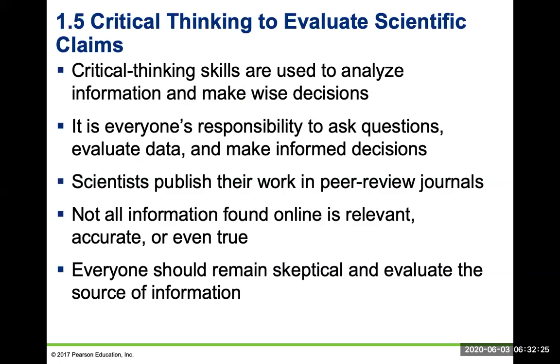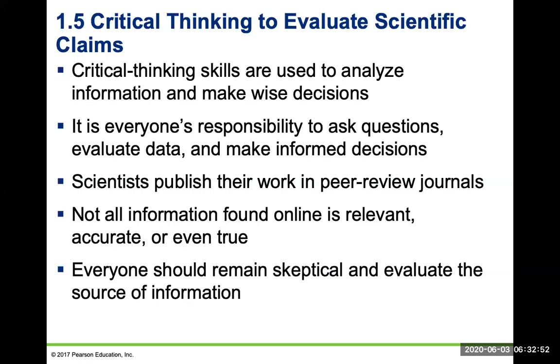Critical thinking using scientific claims. It's always good to use critical thinking skills to analyze information and make wise decisions. So I usually tell my students to always be a skeptic. It's your responsibility to ask questions and make informed decisions. Scientists publish their work in what we call peer-reviewed journals, where before their articles can get published, many people have to review them.